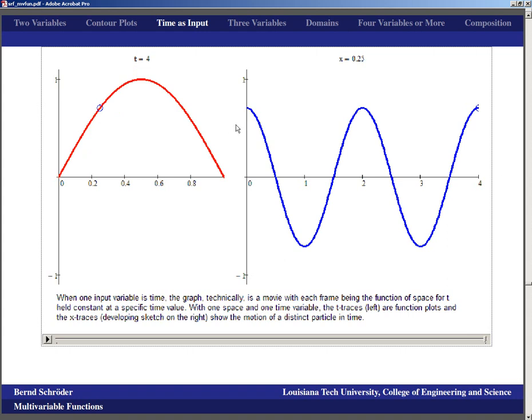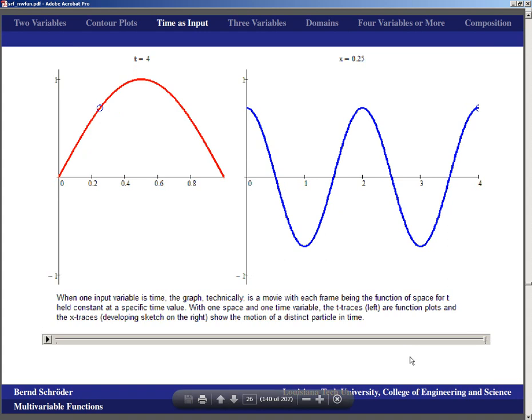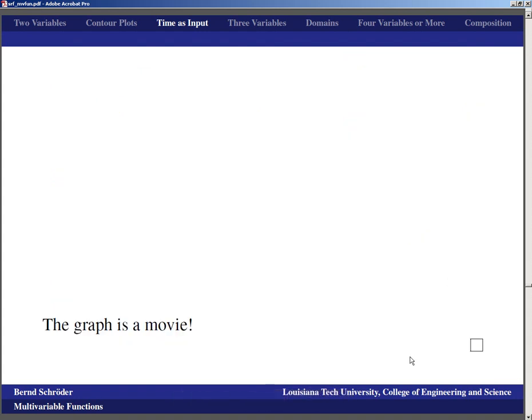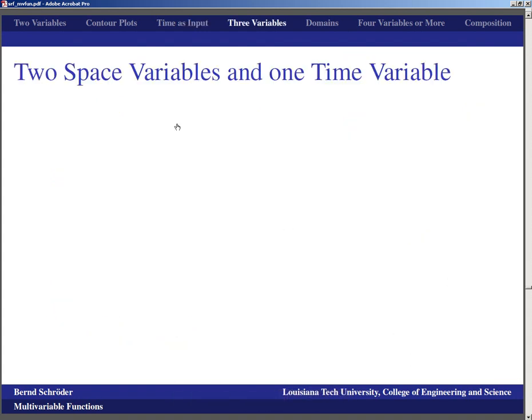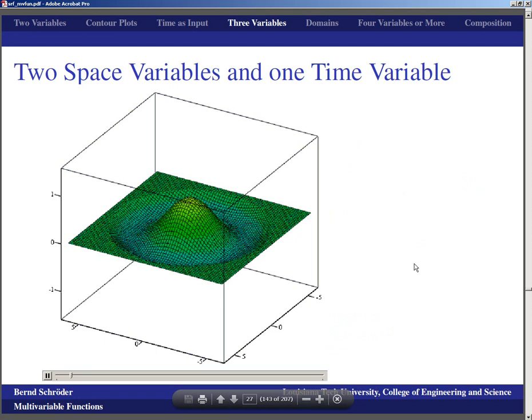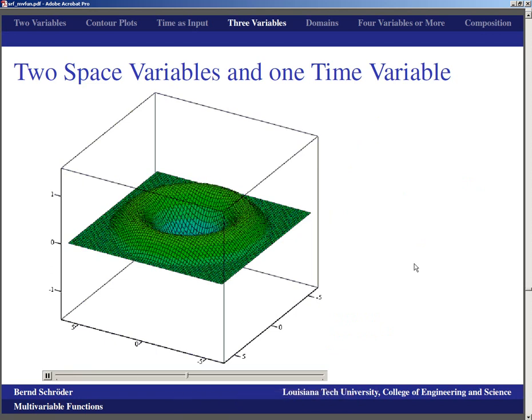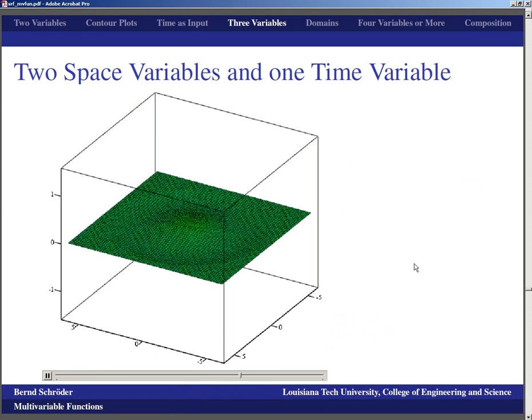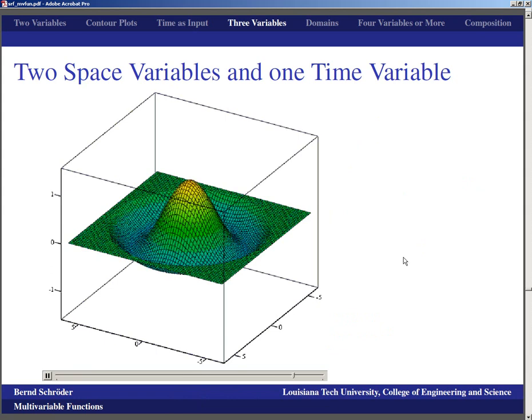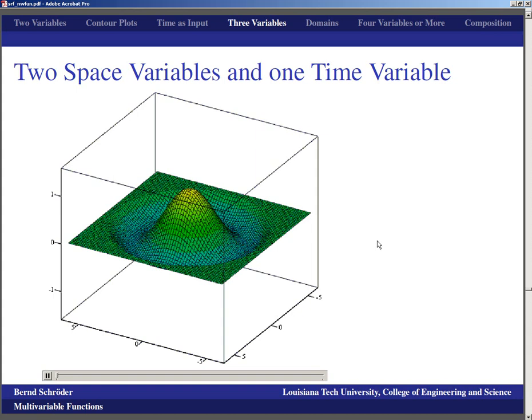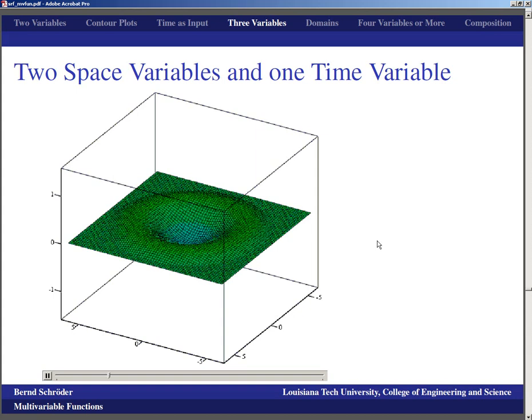And if we don't hold time constant, then we get the development over time of a point or maybe several points, because what could also happen is that if we have two space variables and one time variable, if we let time run, then we get something like a movie of a vibrating drum membrane. If you take high-speed images of a vibrating drum membrane, this is one of the modes in which a drum membrane can vibrate by itself.